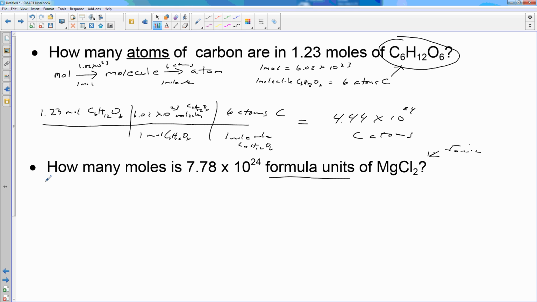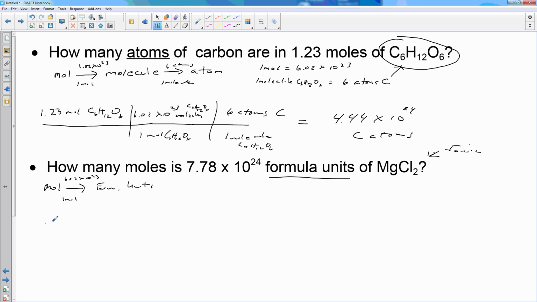And so once again, this is just as simple as a conversion. We can go from moles directly to formula units, and so we know that 1 mole is equal to 6.02 times 10 to the 23rd formula units.